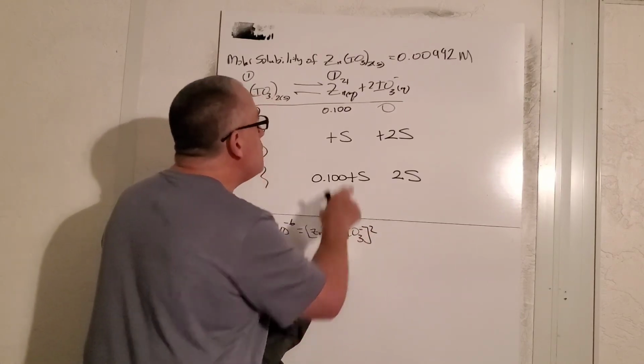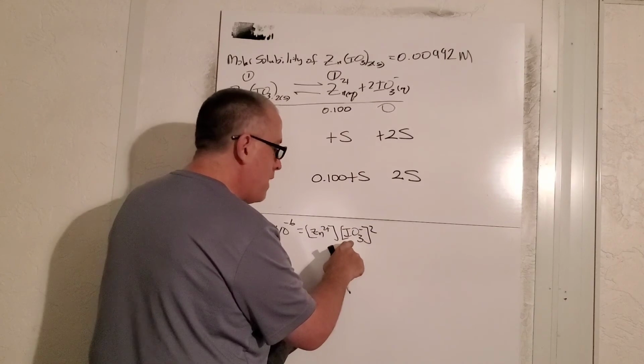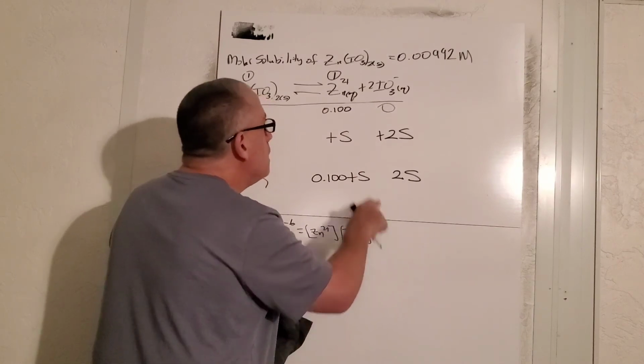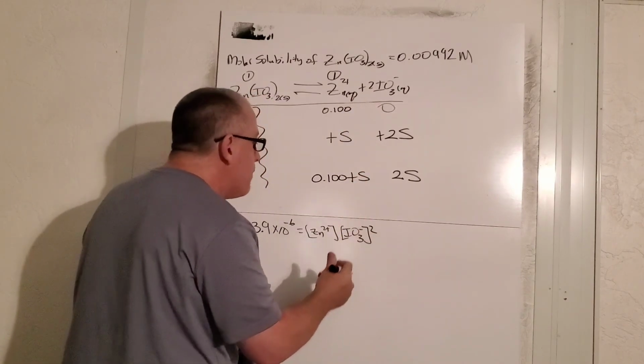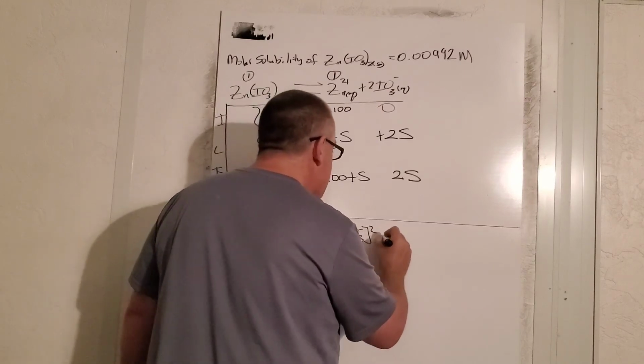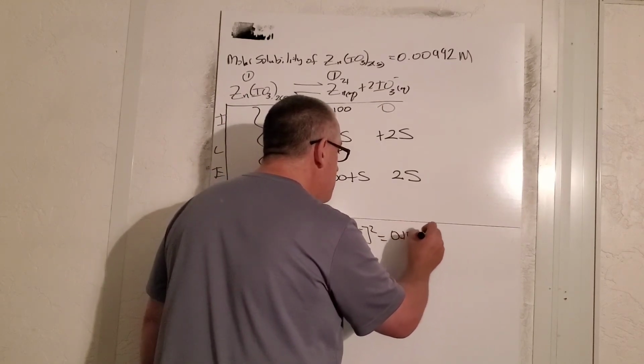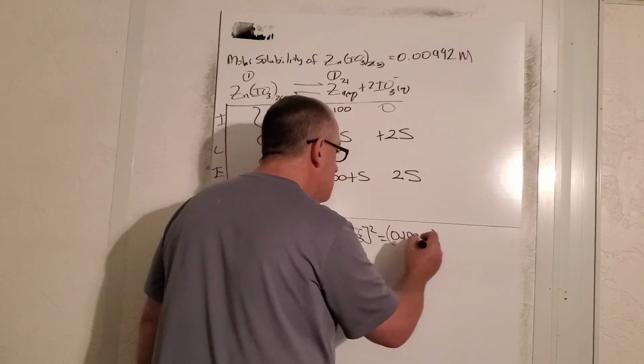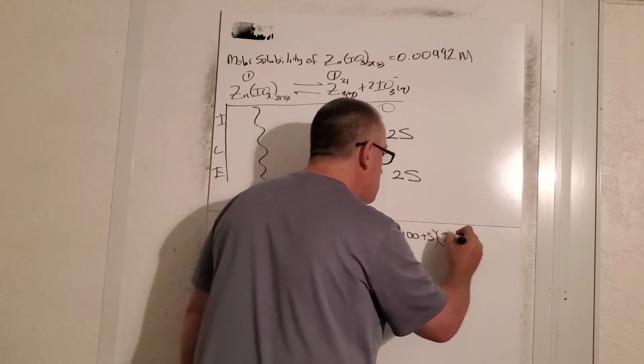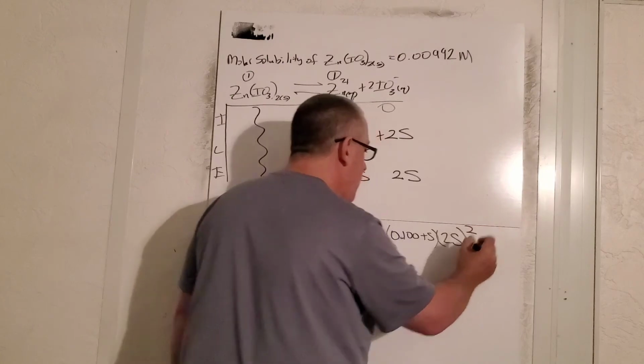Don't put a number 2 in there. See that number 2? Don't put the 2 in there. It goes up here. That number 2 is not a part of the chemical identity. That's going to be equal to 0.1 plus S times 2S squared.